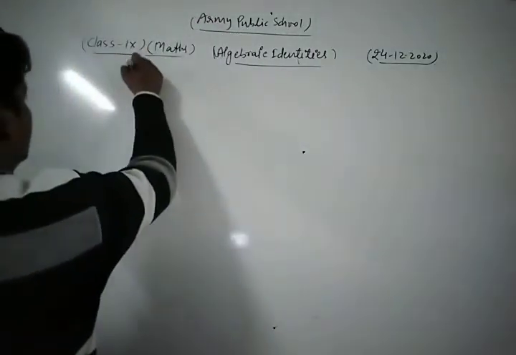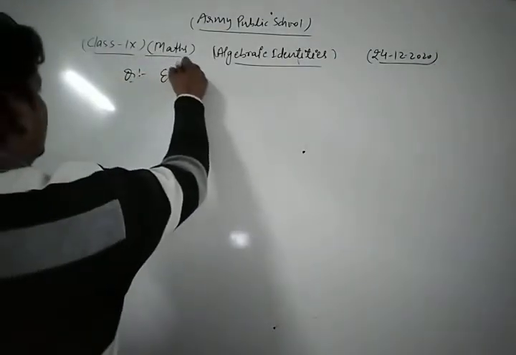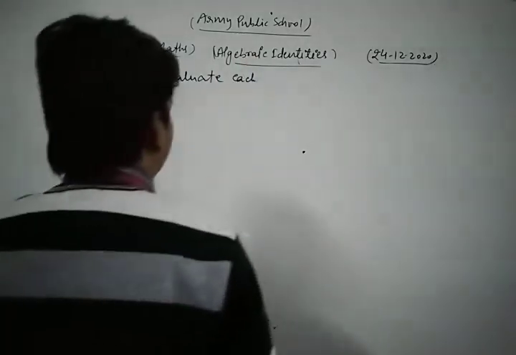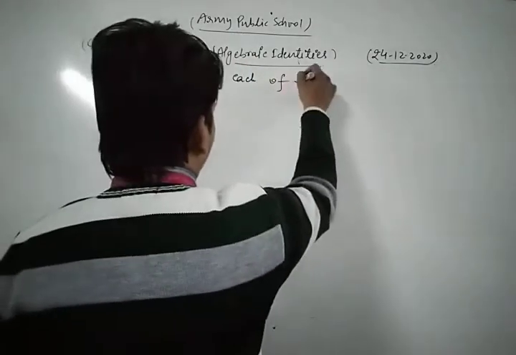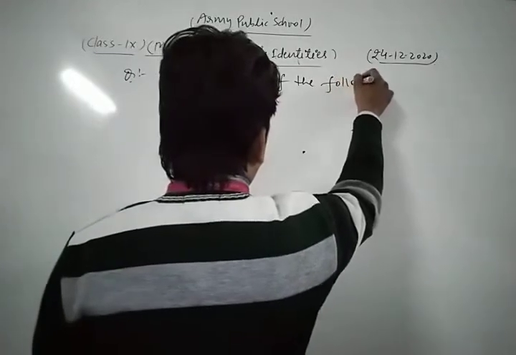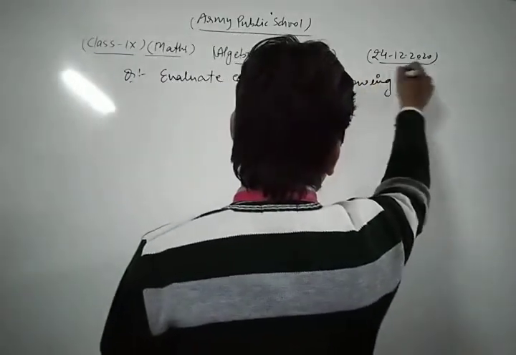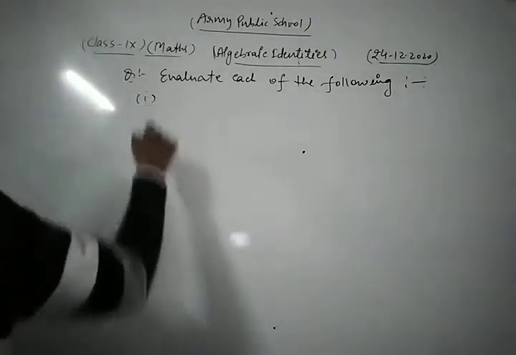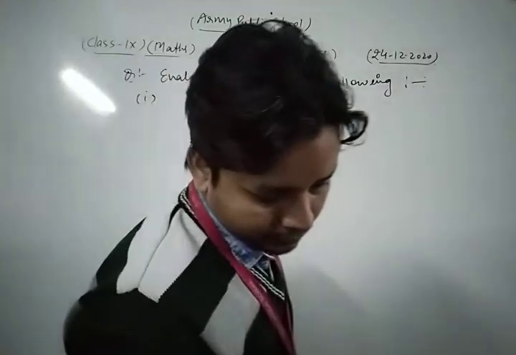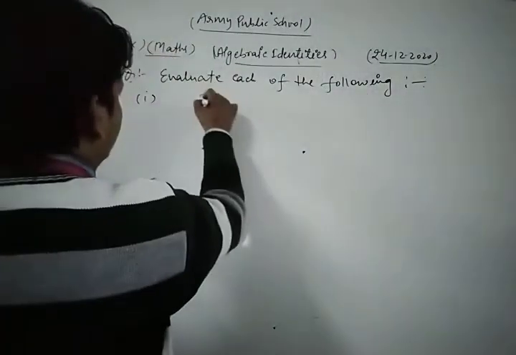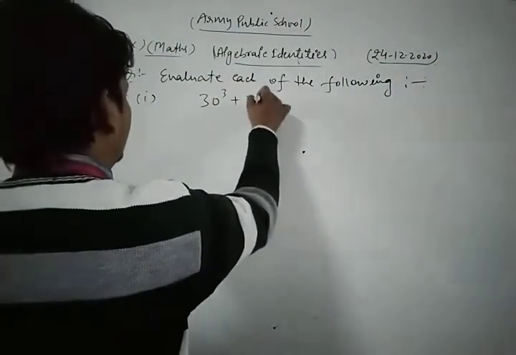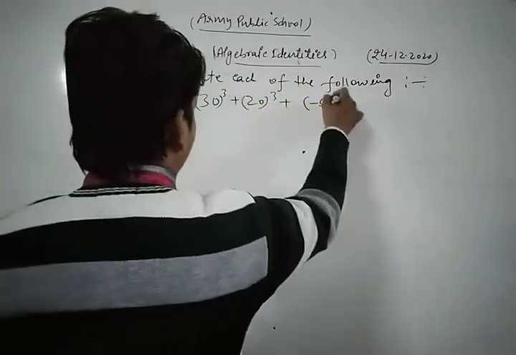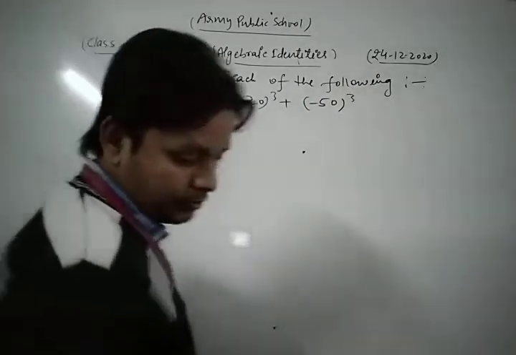The question is: evaluate each of the following. The first part of this question is 30 cube plus 20 cube plus minus 50 cube.